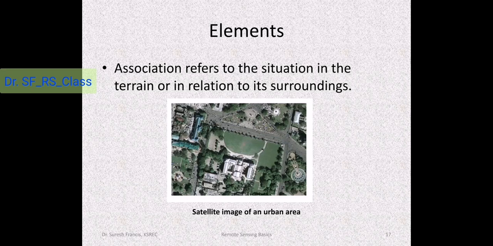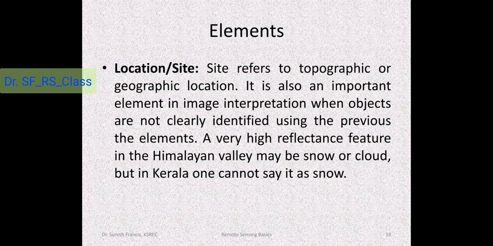We will be able to identify it as a man-made lawn. Otherwise, we would have interpreted it as grassland, for example if it is on a hill. So it depends on the association. You will be able to extract information, so association plays an important role in the case of interpretation.